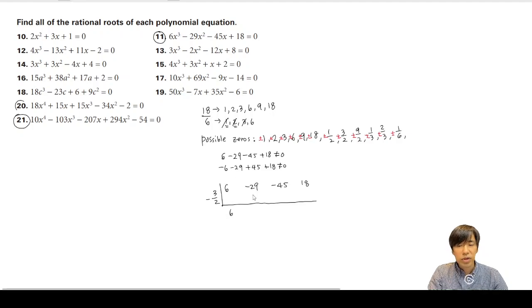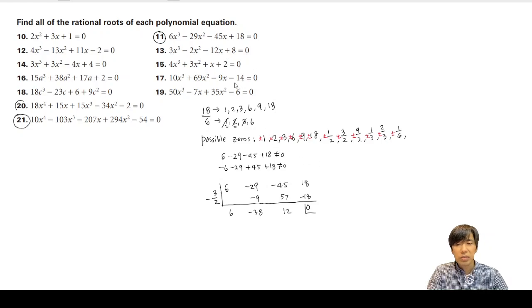So multiply this, that's 3, that's -9. Alright, so add them together, that's -38. Multiply it, that's 19 times 3, so that's 57. Add them together, then you get 12. Multiply this, then you get -18. So you finally got 0 here.